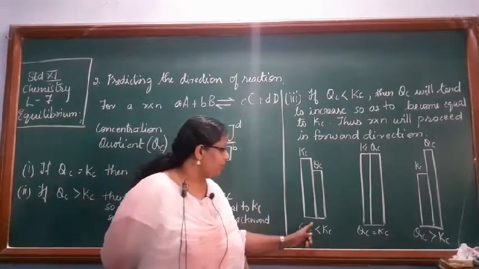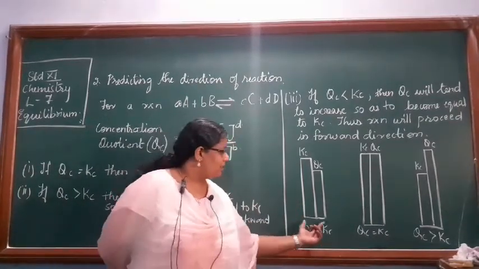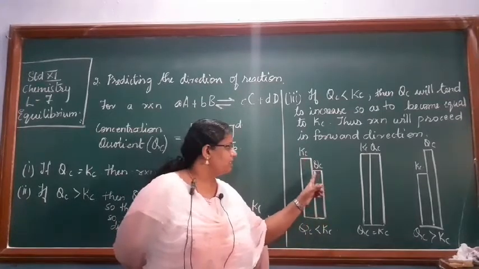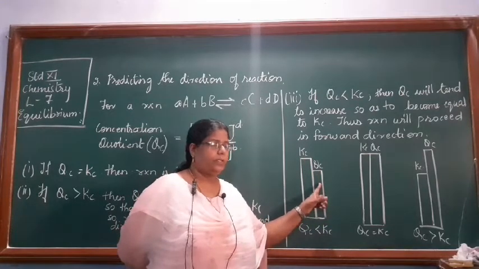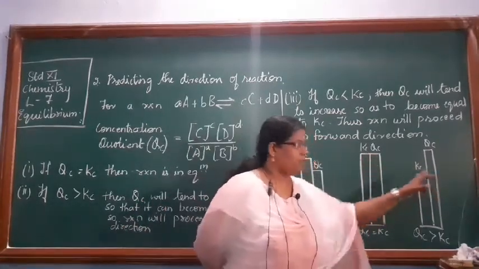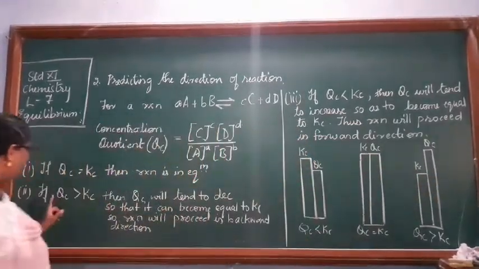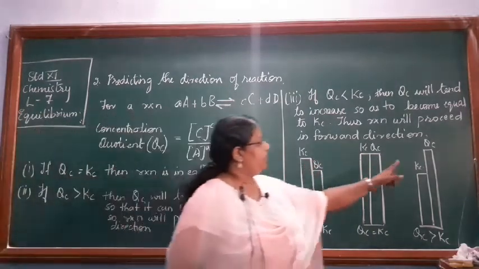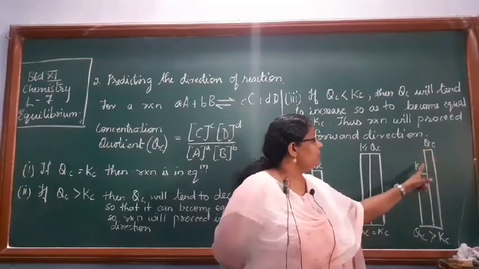See, we can look at this diagram here. Two blocks are shown to you. One is representing Kc, the other is representing QC. Now what you see, if QC is greater than KC, वो कौन सा situation है, ये देखो ये situation है, QC is greater than KC.